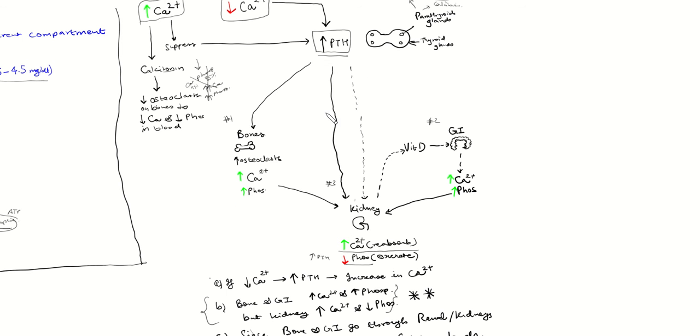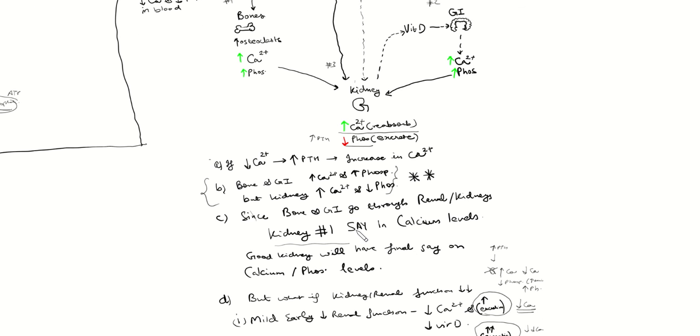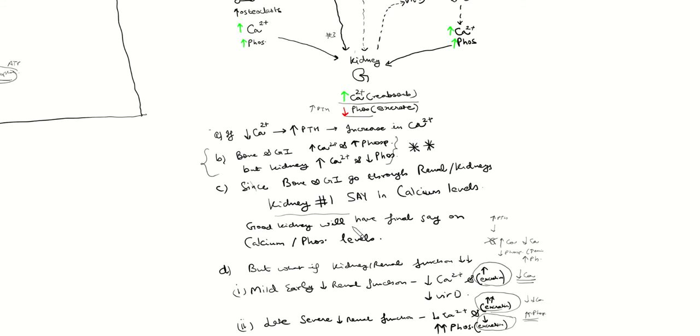So when you have increased parathyroid hormone, kidney has the final say, and it increases calcium by reabsorbing the calcium from the urine that it's filtered, and it decreases the phosphorus by excreting more of it. That's what increased parathyroid hormone does, it increases the excretion of phosphorus. Okay. And again, kidney has the final say on the calcium levels and the phosphorus levels.